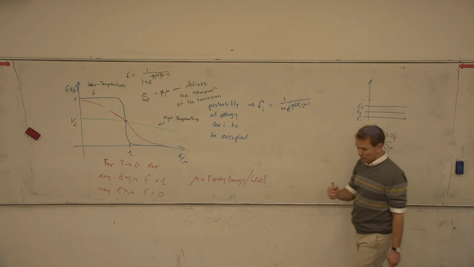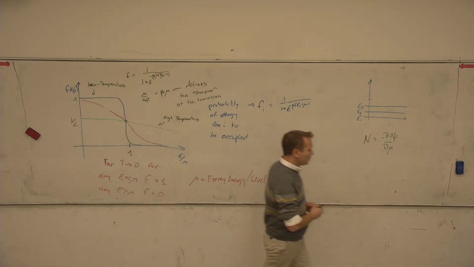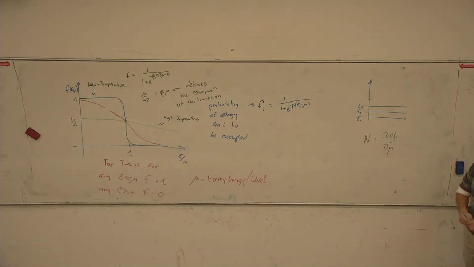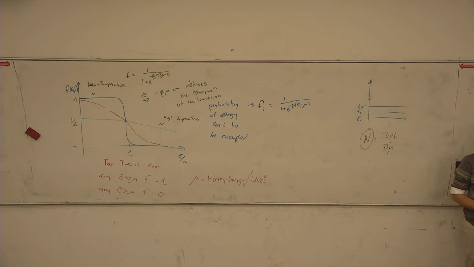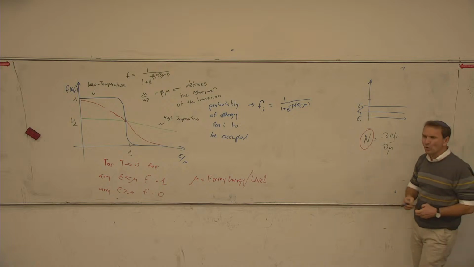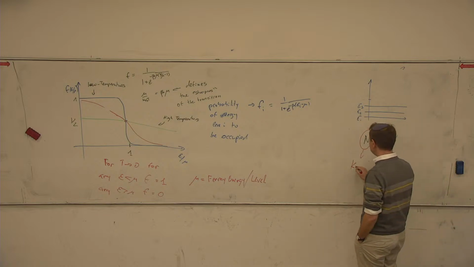But we want to make a different statement. Usually we do know n. So this average number of particles is known, and in a closed system, where the number of particles cannot really be modified, in a lot of cases we say that this quantity is known.